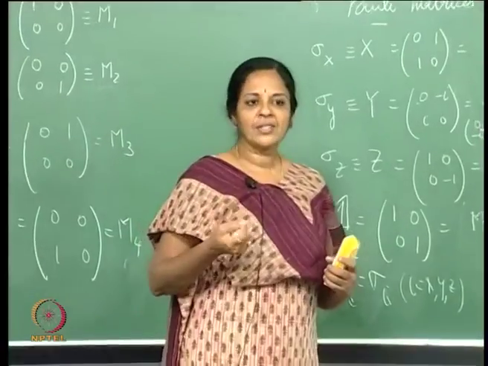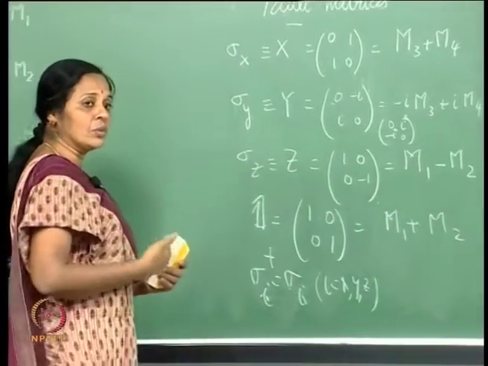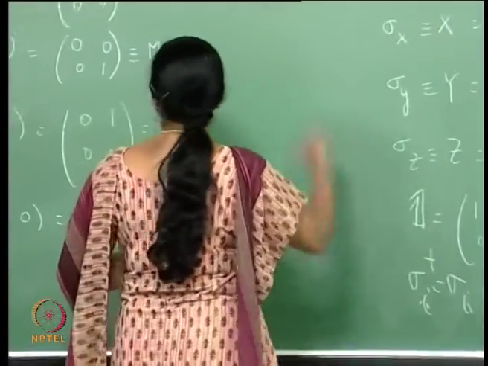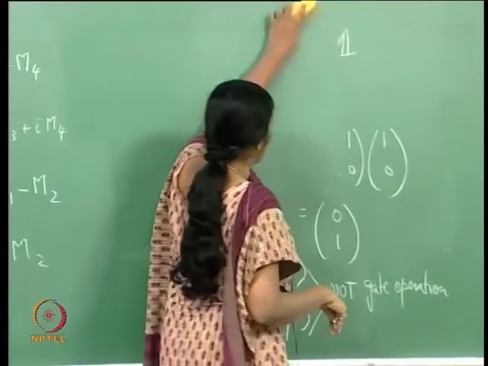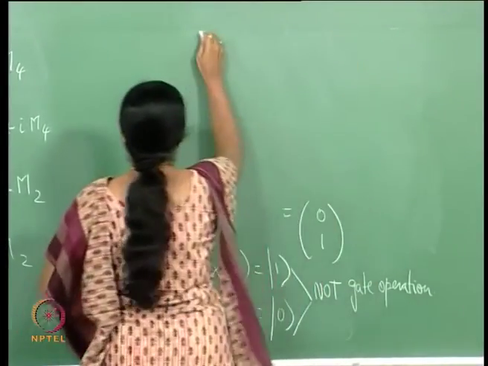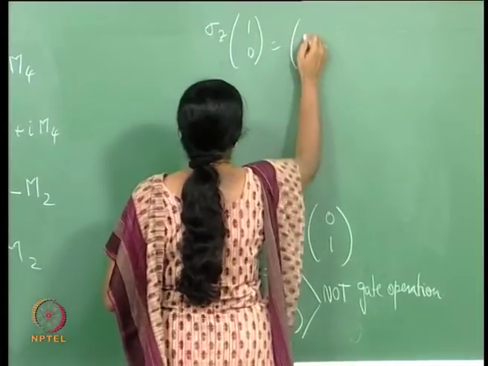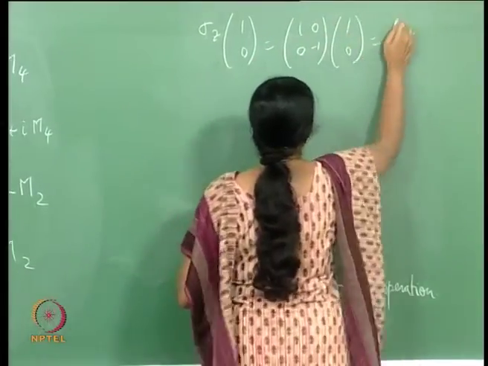It is a different matter that we have to find ways and means of actually carrying out this operation in a physical system. Similarly, if you look at sigma y or sigma z, what does sigma z do? Sigma z on (1, 0) is the matrix (1 0; 0 -1) on (1, 0), and that just leaves it alone.